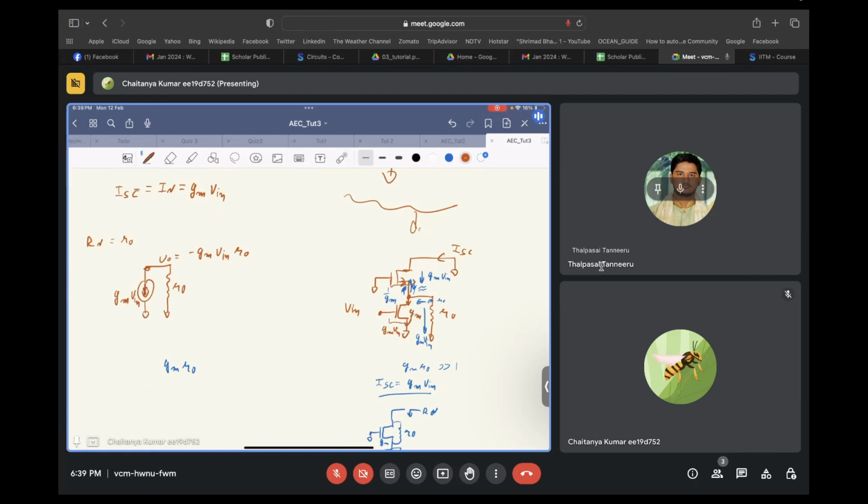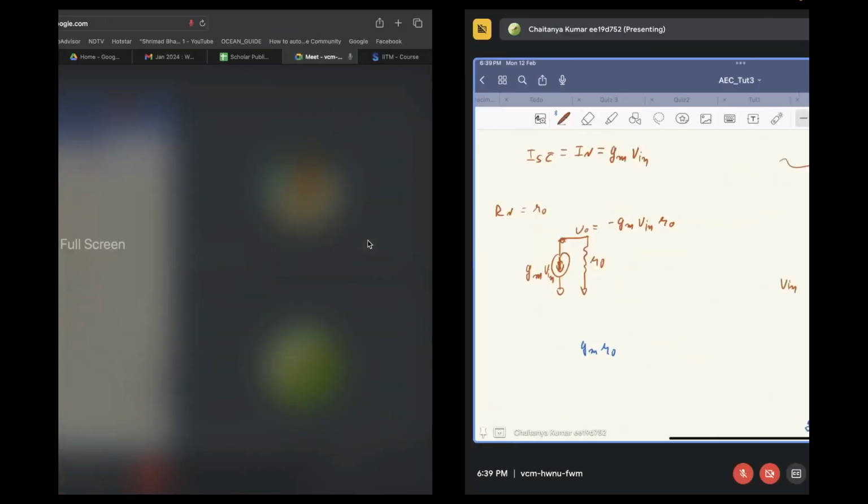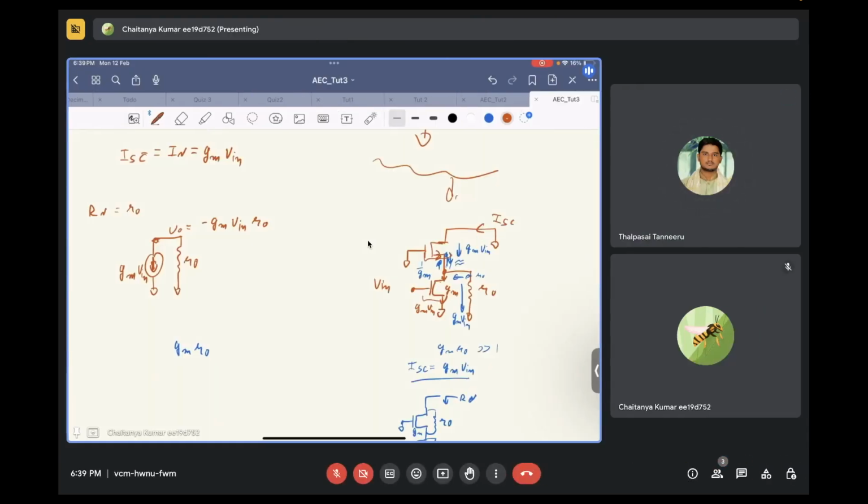If you keep on stacking transistors one on top of each other, you will face the problem of the transistors not having enough space to remain in saturation. So these equations are valid only if the transistors are in saturation. If they go into triode, then these equations are not valid.